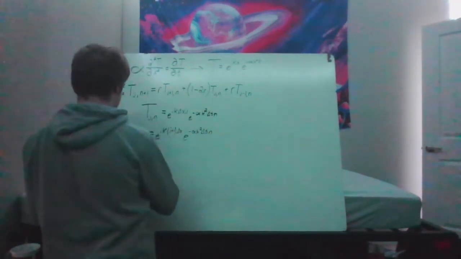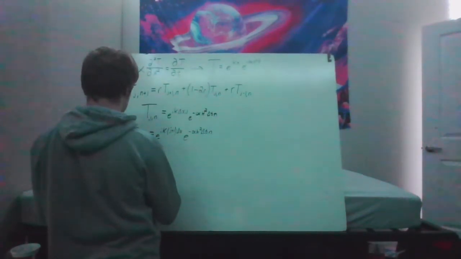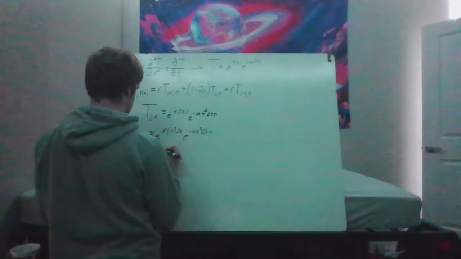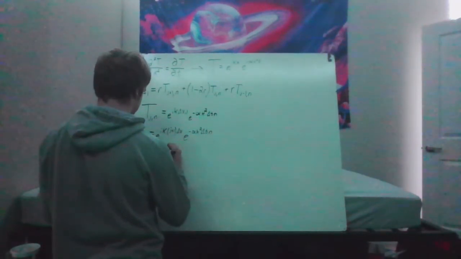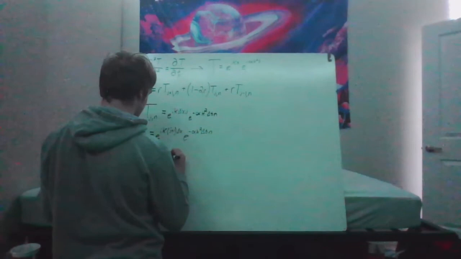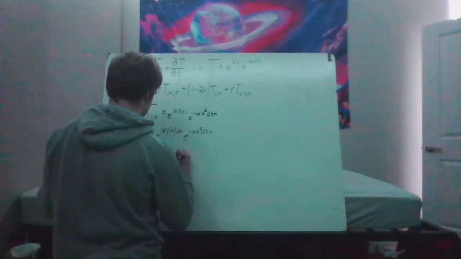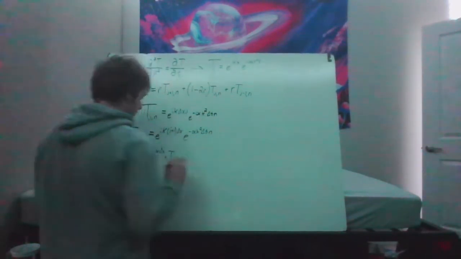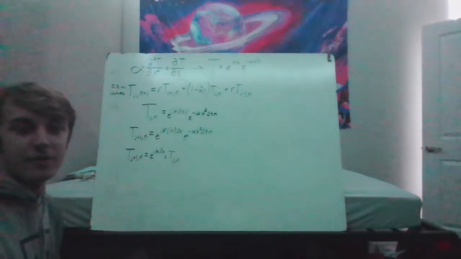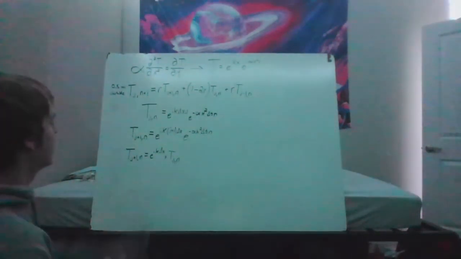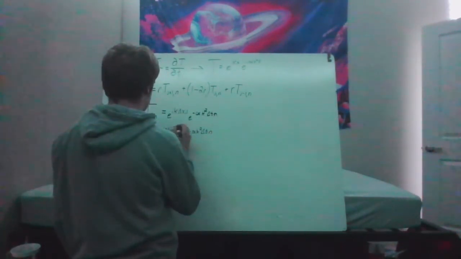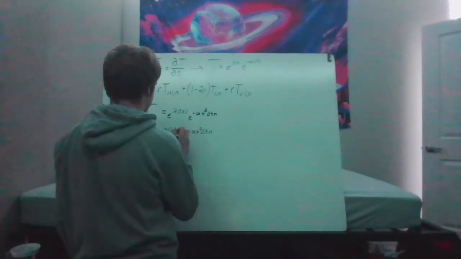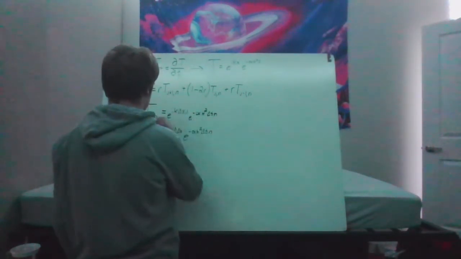And what we will end up getting is that our t j plus 1 n will actually just be e to the I k delta x times t j n. And why this is true is when you distribute this out, you'll get it all multiplied by 1, and then this one multiplied by j, which is just our equation up here.